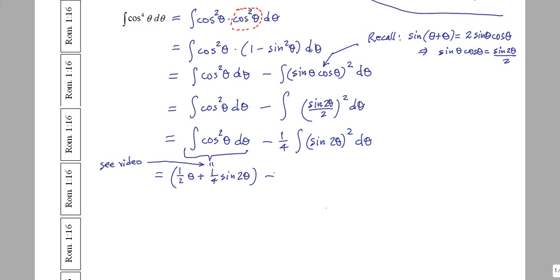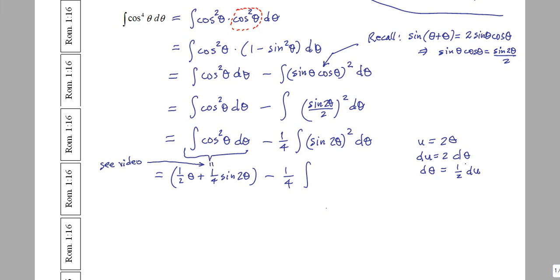All right, then we get minus a quarter of, now I'm going to do a little u substitution here. So let u equal 2 theta, and then we have du is equal to 2 d theta. So d theta is a half of du.